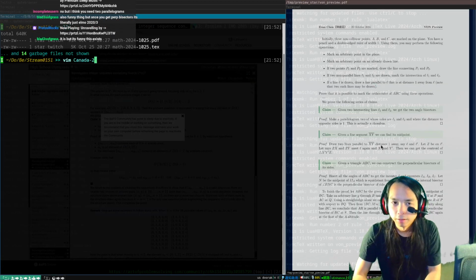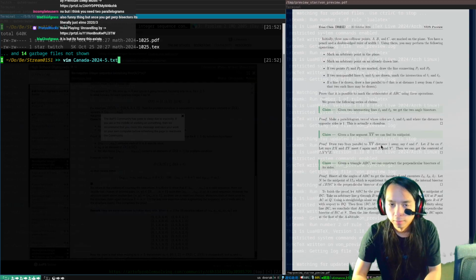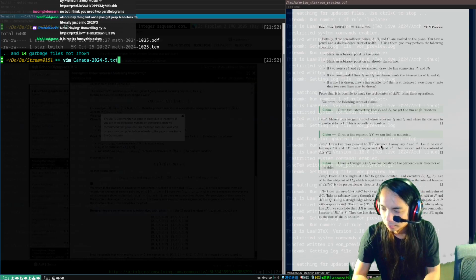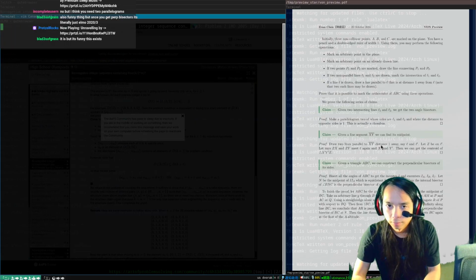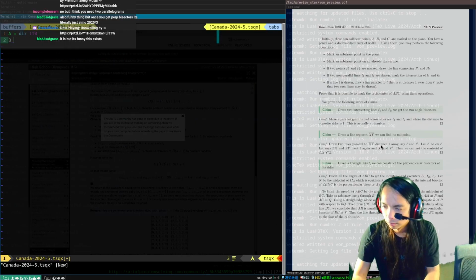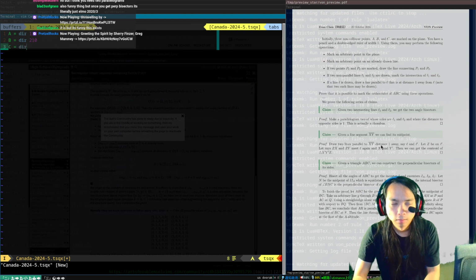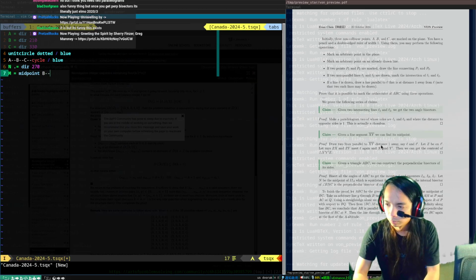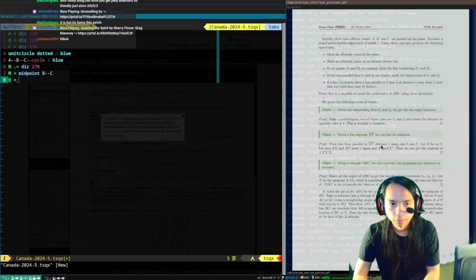Okay, what was this? Canada 2024 5 dot TSQX. Unit circle dotted, A, B, C, cycle, blue, blue. And we'll draw the midpoint and then R's midpoint. So Q is a random point; we'll let R be a random A plus.